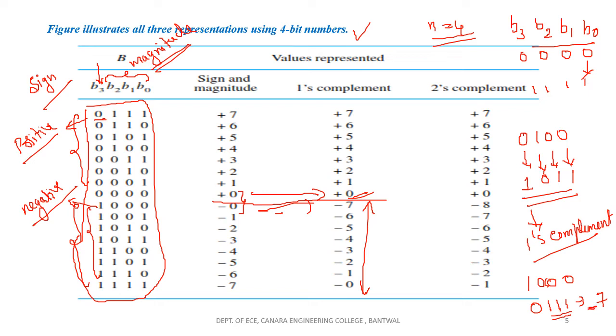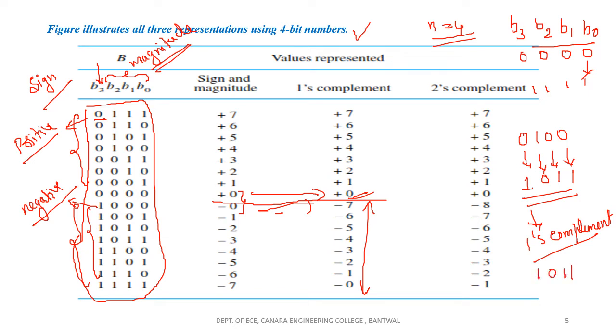Similarly, I'll take a number 1011, that is minus 3 in case of sign and magnitude. In case of sign and magnitude, 1011 is minus 3. I'll represent it in the same way. Which number? 1011.